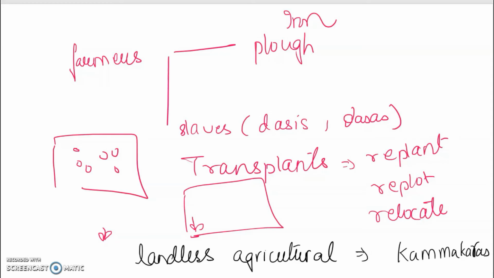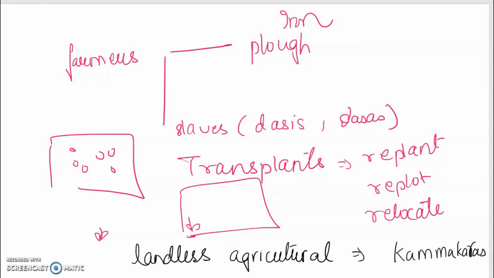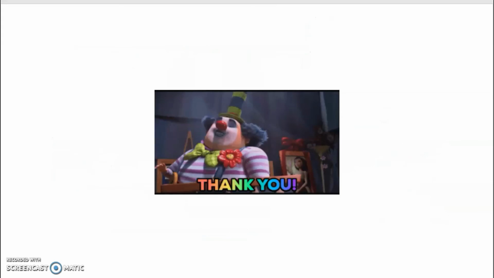Right? So all these people, dasas, dasis and kammakarars, kam karne ko, they were all asked to work in the agricultural field. May it be for plowing purpose or may it be for transplanting.